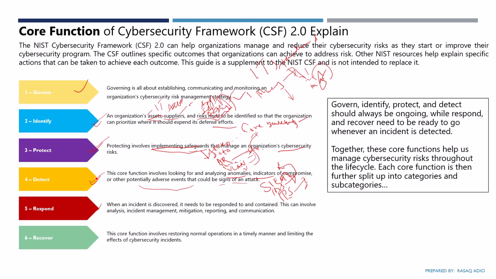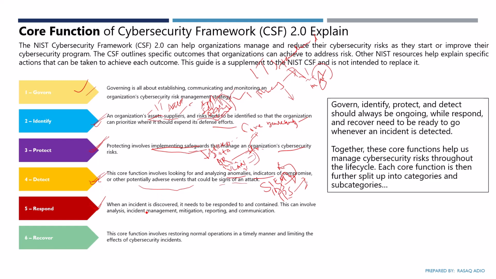Under respond, now you have put policy in place, identified critical assets, and deployed some safeguards to protect the assets. At the same time, you also deploy some tools or mechanisms to detect if any anomalies occur within your environment, so you can detect it on time. And how do you respond to those anomalies when they occur?